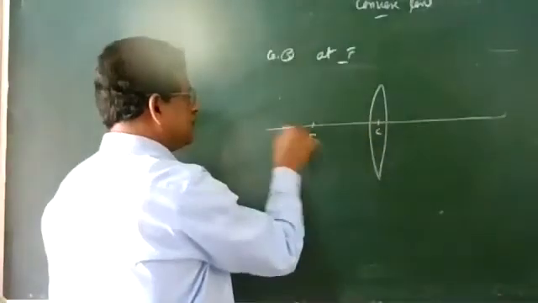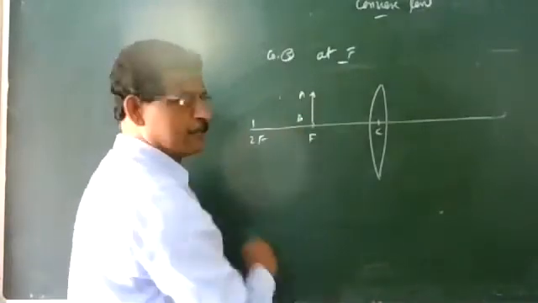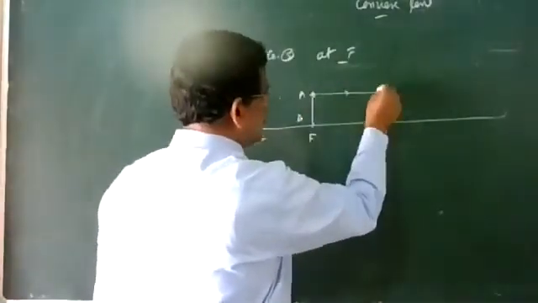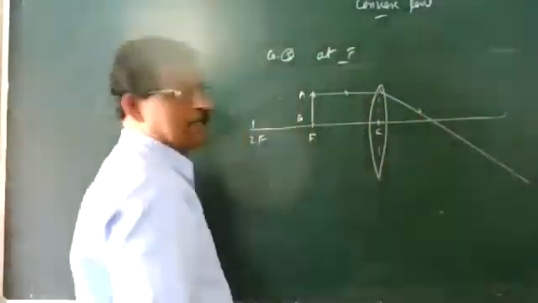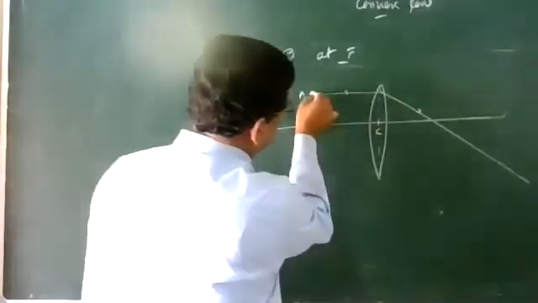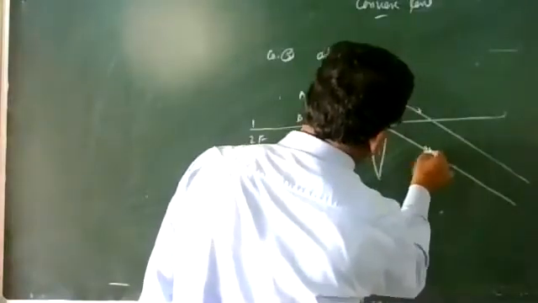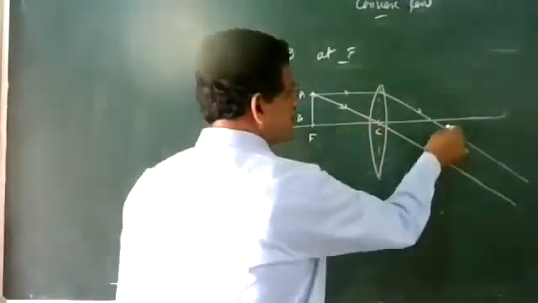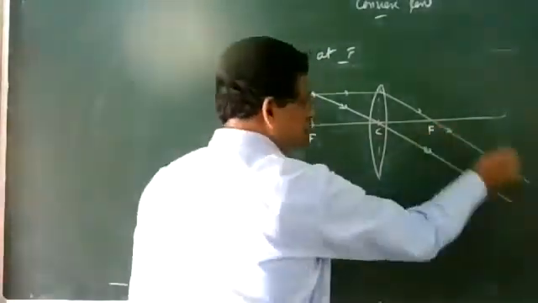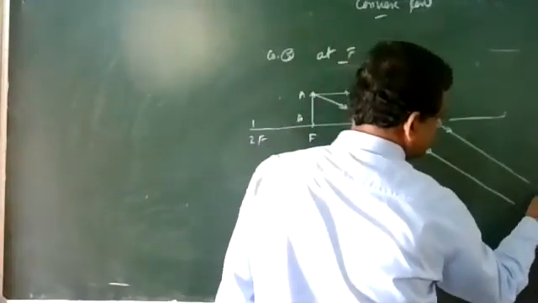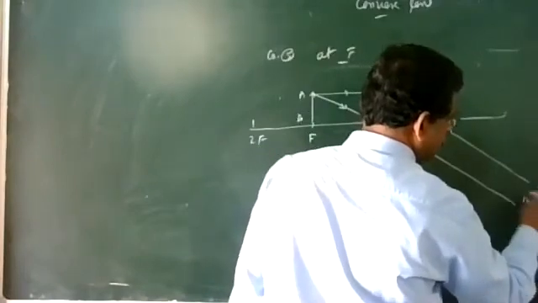Optical center, and the object is at the focus. A is the object. First ray parallel to the axis, after refraction passes through the focus. Second ray passing through the optic center goes without any deviation. The first ray and second ray are parallel, so they are supposed to meet at infinity as you extend these lines. So the image will be formed at infinity.